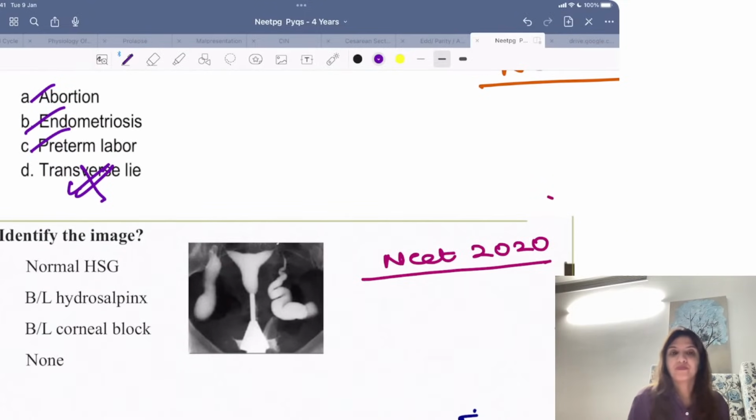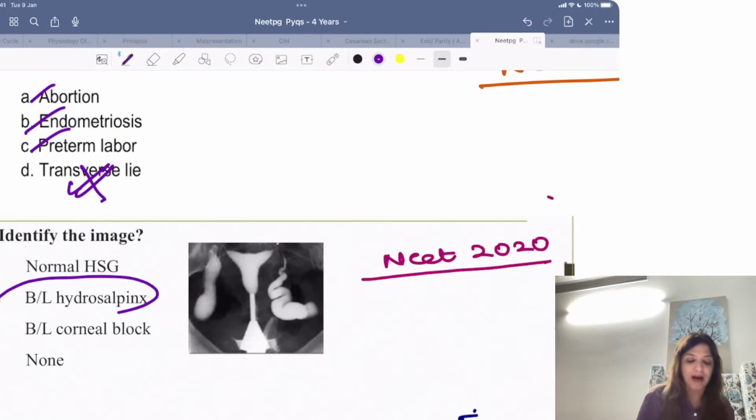Identify the image. Now what you are seeing in this image? In this image you are seeing that the dye is not spilling out of the tubes. The dye is collected in the tubes and the tubes are swollen. So this is a case of bilateral hydrosalpinx.